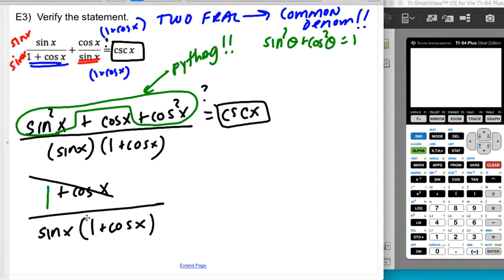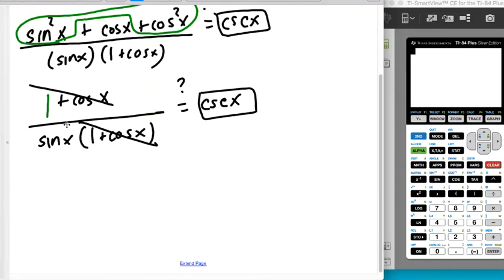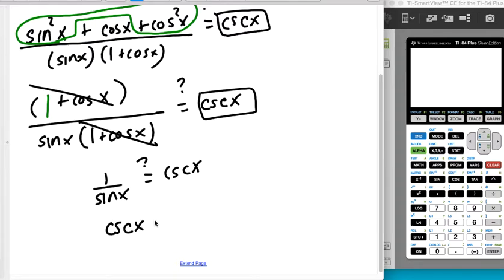Well, that means that both of these cancel, leaving just the single 1 on the top, right? And again, I'm trying to show that this equals a cosecant, right? So when this whole factor cancels, I just get 1 over sine equals a cosecant. And I know that 1 over sine is actually the same as cosecant because they're reciprocals, so I'm done.